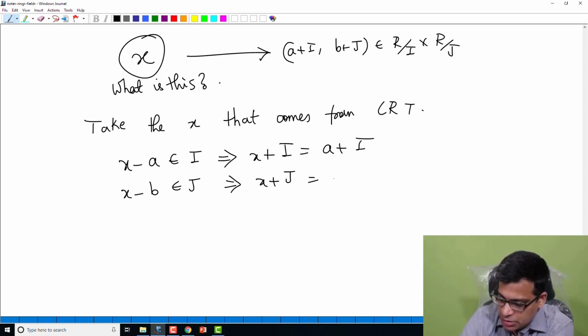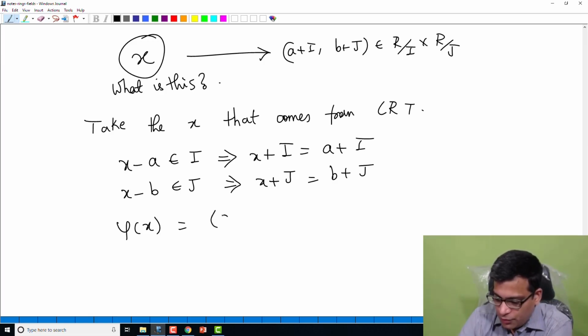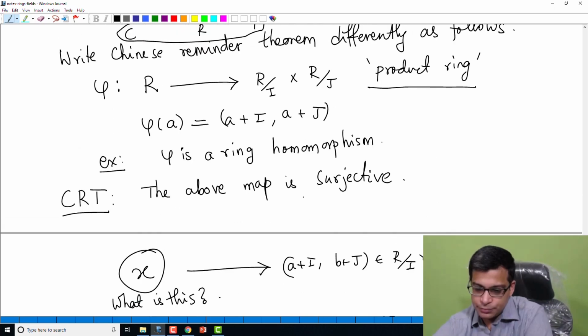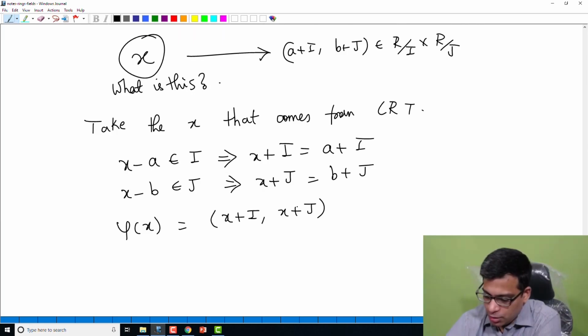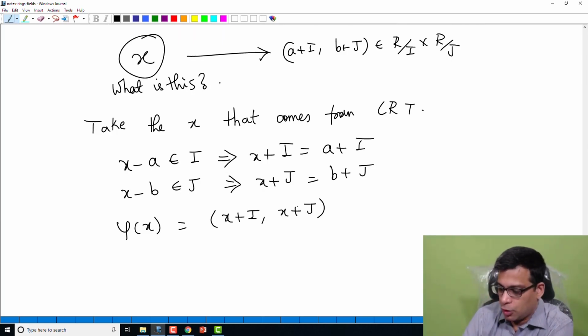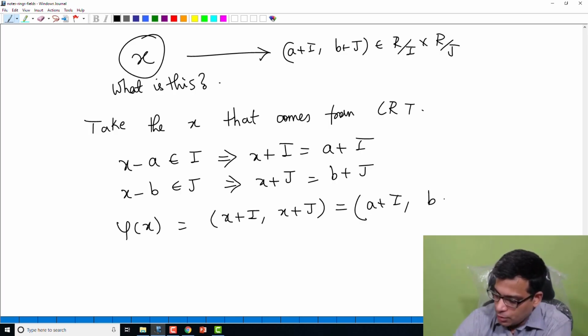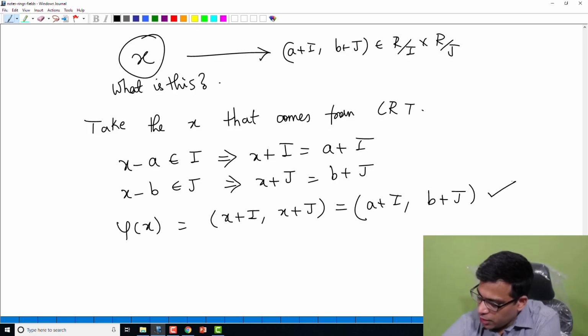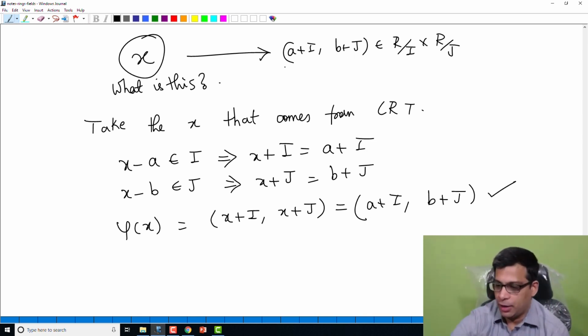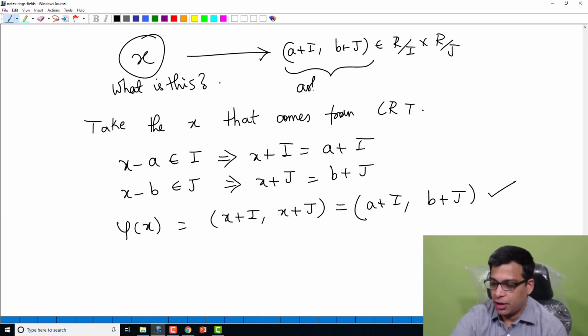That means X plus J is B plus J. Now, what is phi of X? Phi of X is X plus I comma X plus J. By definition, any element goes to that element plus I comma that element plus J. But I just proved that X plus I is A plus I and X plus J is B plus J. Okay. So every element, you start with an arbitrary element of the product ring.